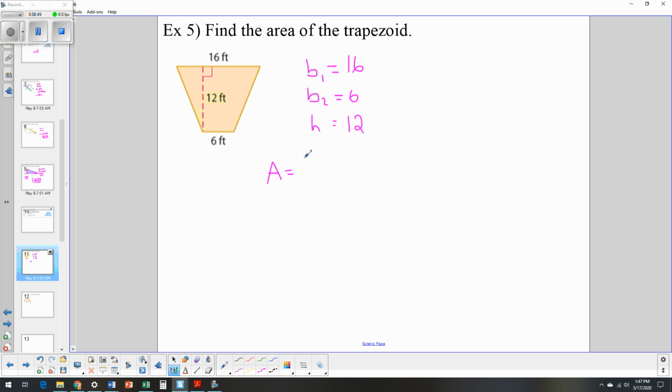So plugging in to 1/2 times base 1 plus base 2 times height, we're going to have 1/2 times the sum of 16 plus 6, all times 12. So if you're calculating this, we're going to do 16 plus 6 first. So we're going to get 22 there. And then in our calculator, we could do 1/2 times 22 times 12. And we should get 132 feet squared.